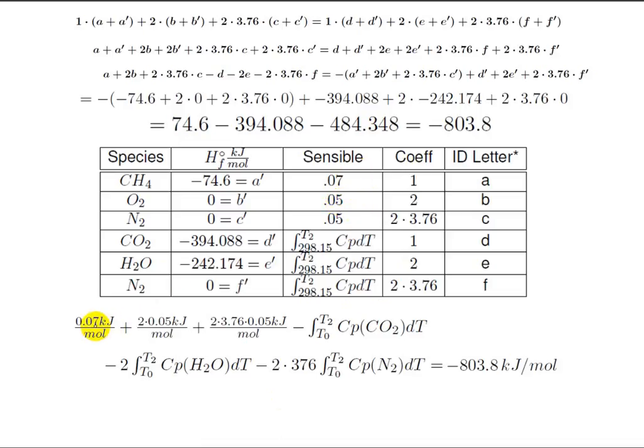Down here, I've shown the equation. We've whittled this down quite a bit. These are the reactants minus the products, and then over here is the Q value, heat of the enthalpy of formations. Still, T2 is what we want to find, so just integrating these three terms is not going to work out.